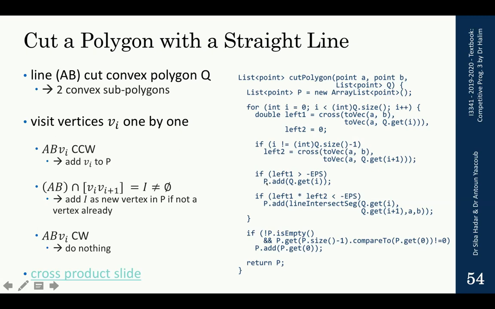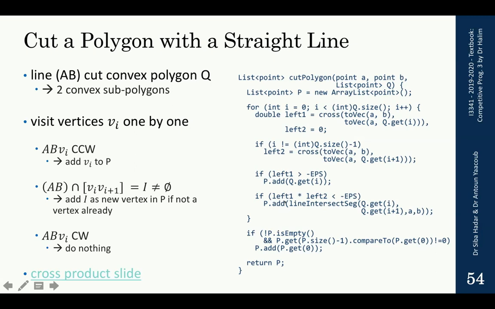So I say P, the polygon, the output polygon, which I created as a new array list of points that is empty first. I add to it the vertex I: P dot add Q dot get I. Okay, this is the first case.